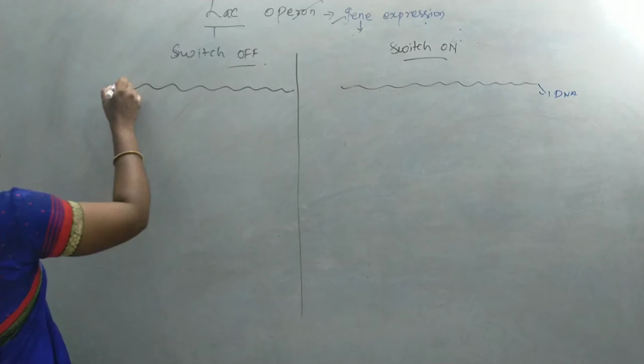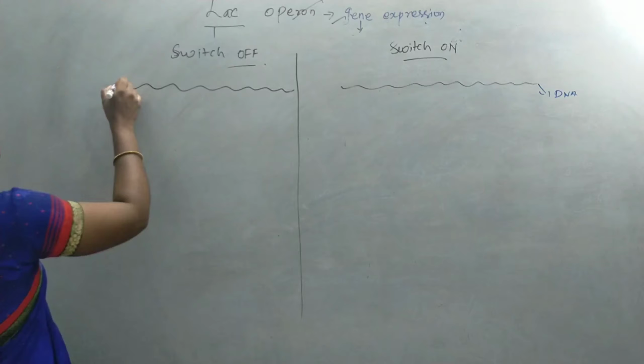So they always go for the switch off mechanism, where they utilize glucose if it is present in the surrounding medium, or if it is not, they go for lactose metabolism. To initiate lactose metabolism, the genes have to undergo transcription and translation. We'll compare these two so that you can understand it easily.